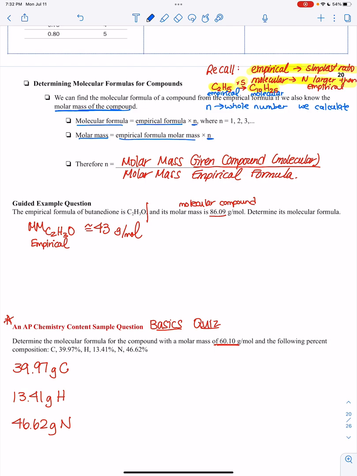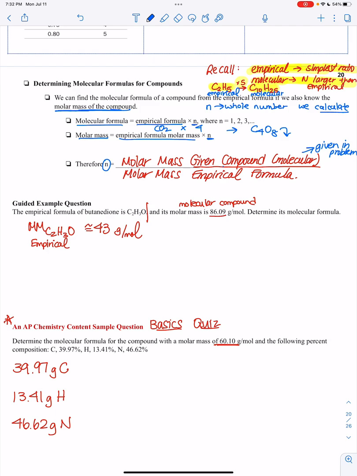So if I had an empirical formula of CO2 and I multiply by 4, it would be C4O8. It would be of this molar mass. It would be 4 times the carbons, 8 times the oxygens. Therefore, if I want to get N, I take the molar mass of my given compound. This is typically given in the problem.